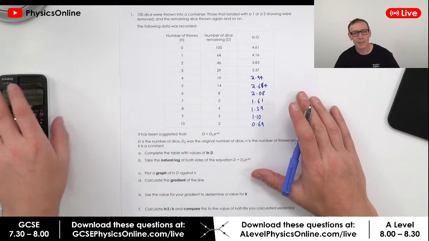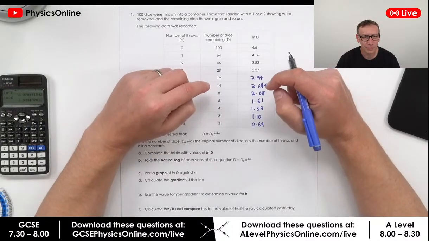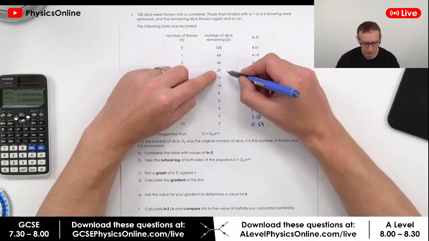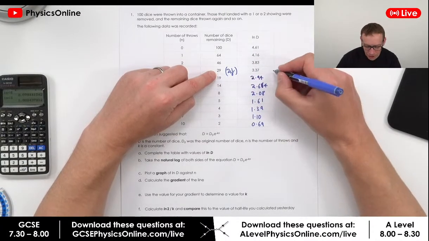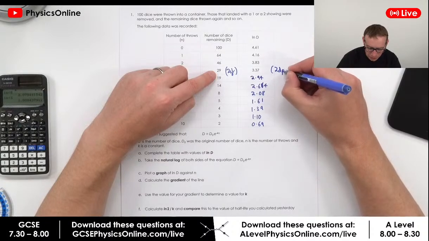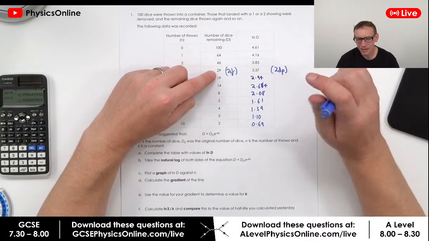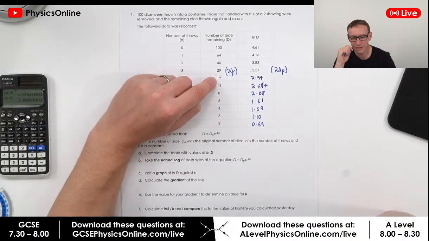Now, what's interesting is that this data is to 2 significant figures, and that means we need to give these values ideally to 2 decimal places. Like Joe says, just punch the values into the calculator.